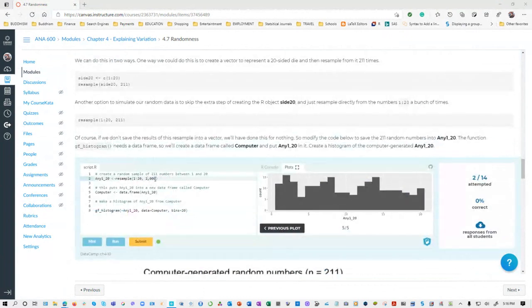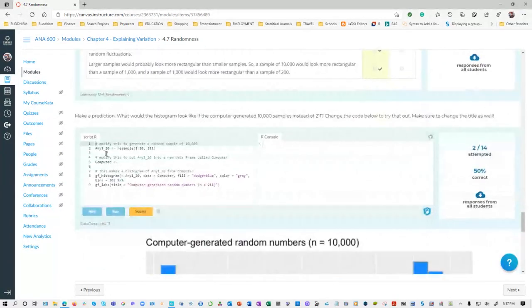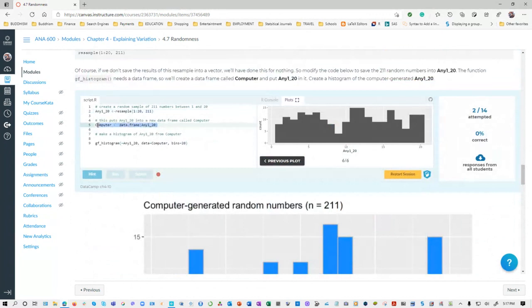Okay, let's go ahead and do the same thing. Resample this one, and instead of that one, you put 10,000. The same thing I talked about here, and then computer, and then put it into the data frame and make the histogram.